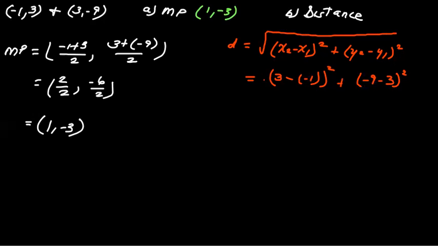And of course, this is all under the square root sign. Right? So 3 minus a -1 is 3 plus 1. So this becomes 4 squared. Minus 9 minus 3 is minus 12. Minus 12 squared is what we have here.